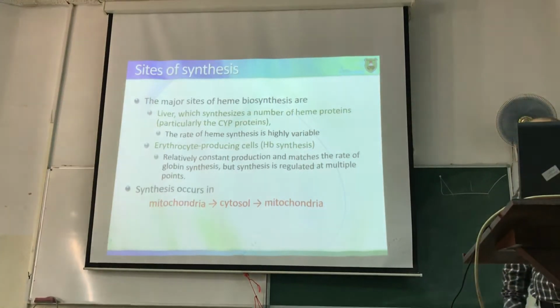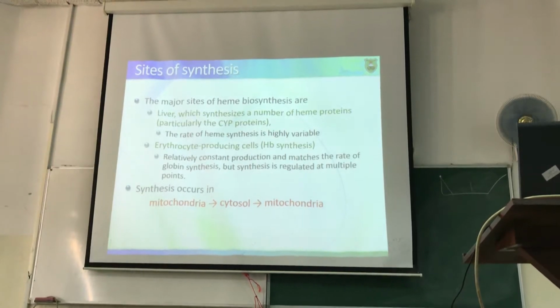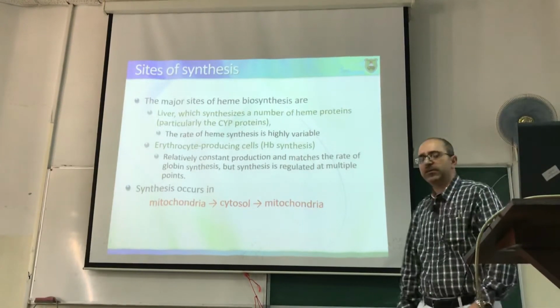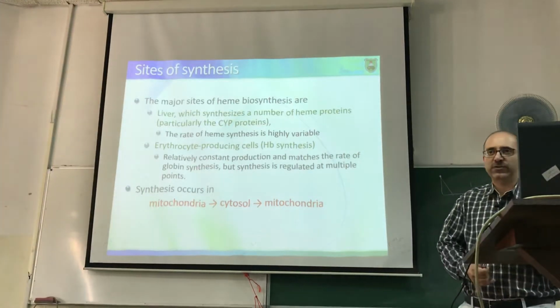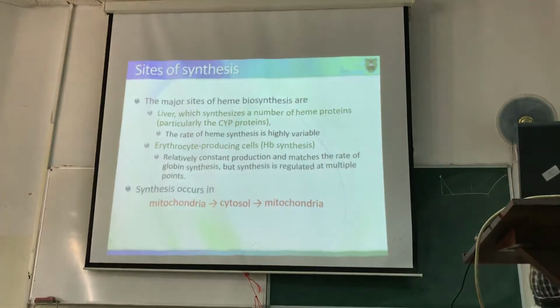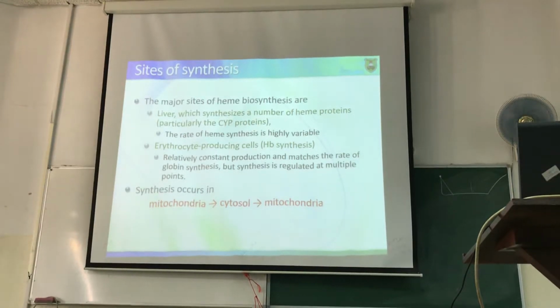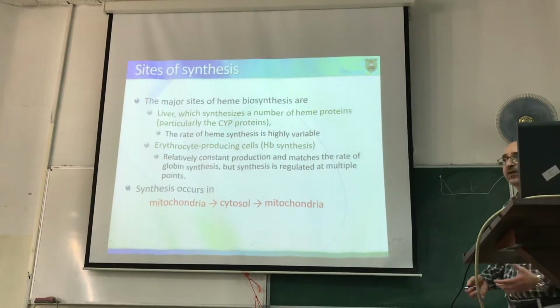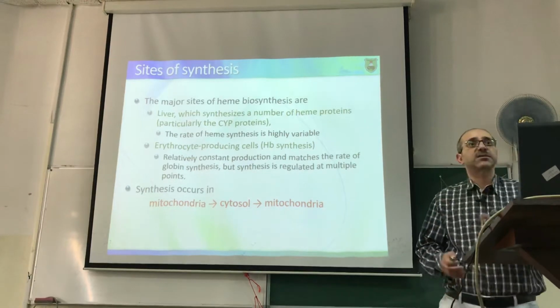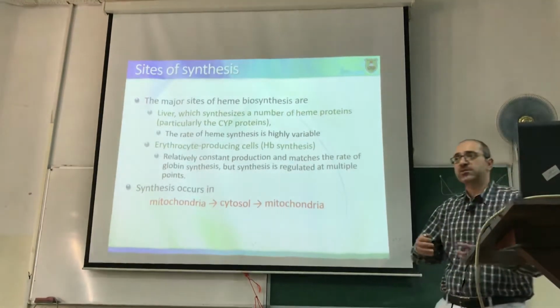But I'll explain why. So there are 2 sites of synthesis in terms of organs in the body, the liver and erythroid tissues. And in liver, the main use of heme is for cytochrome P450 and metabolizing enzymes. And its rate of synthesis depends on the system.